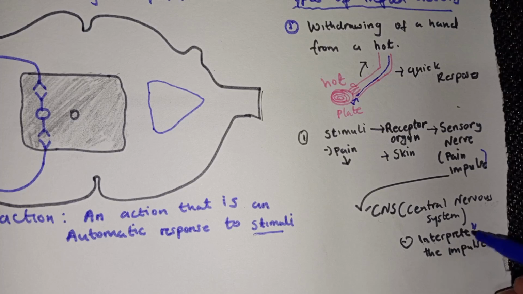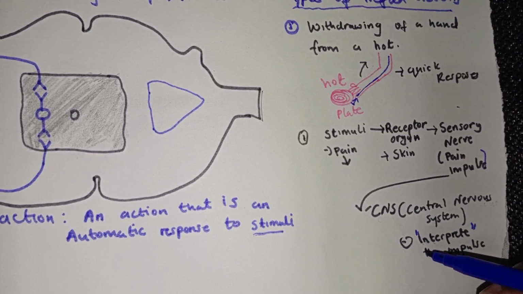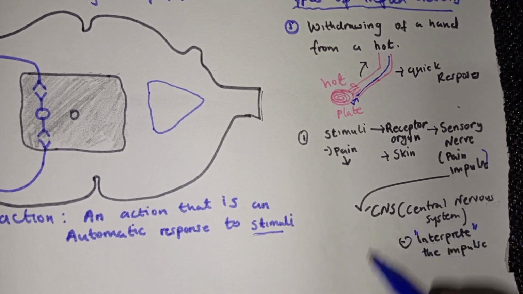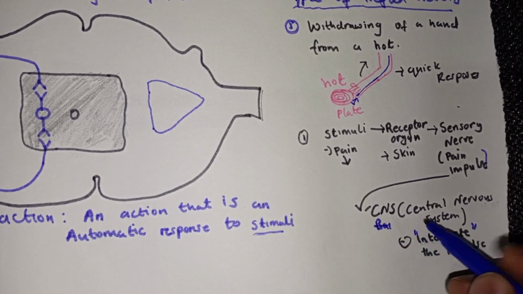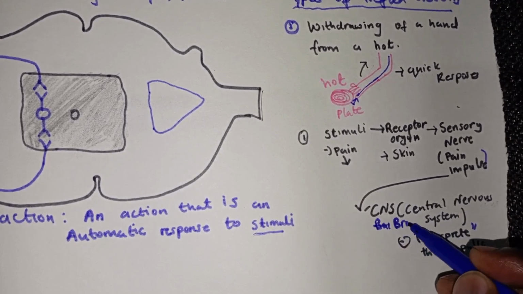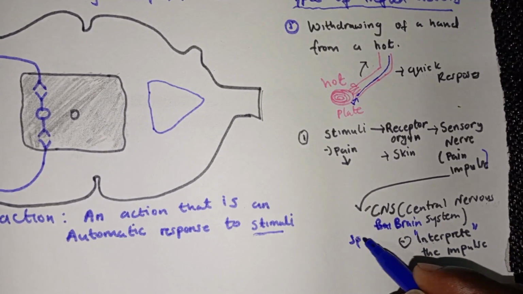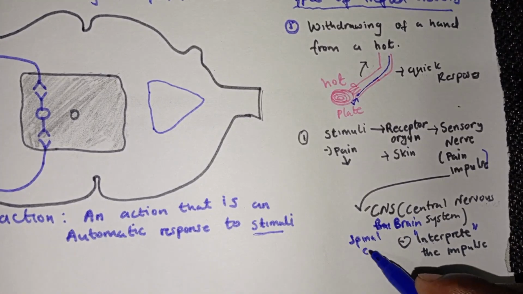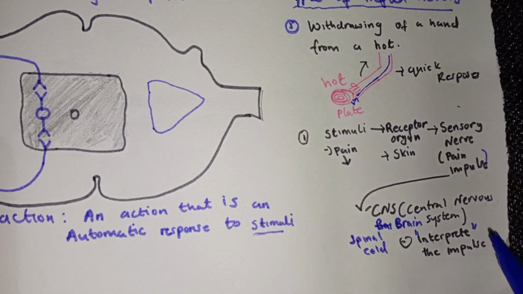The central nervous system is made up of two things: the brain, as well as the spinal cord.